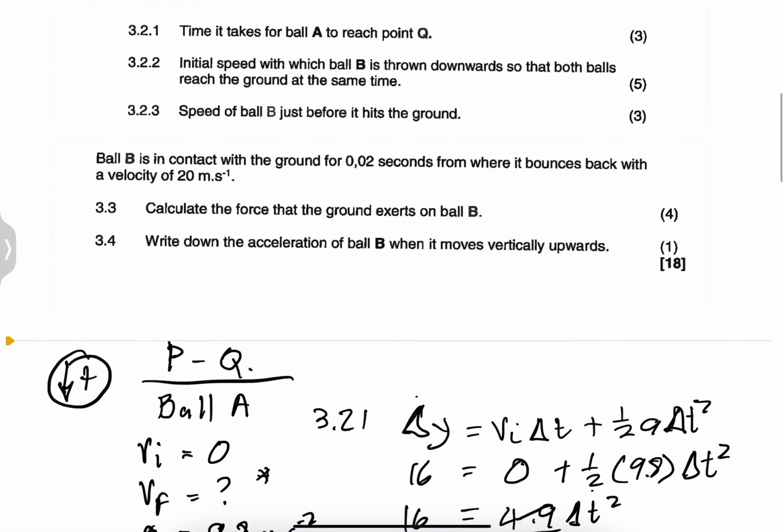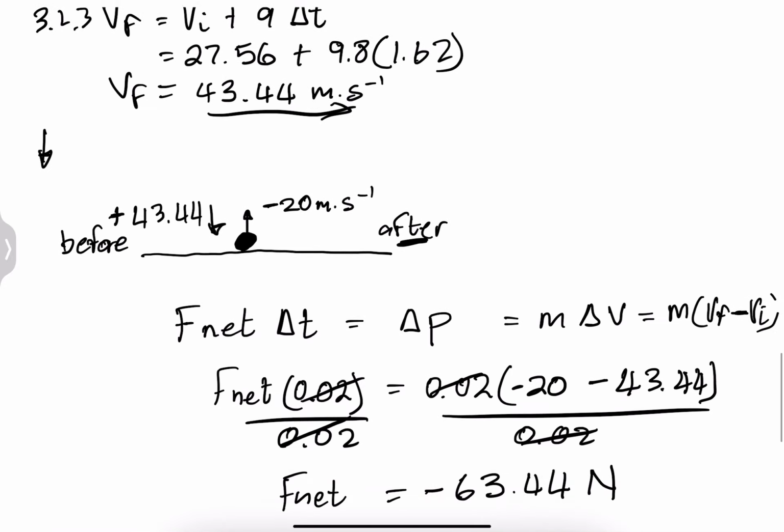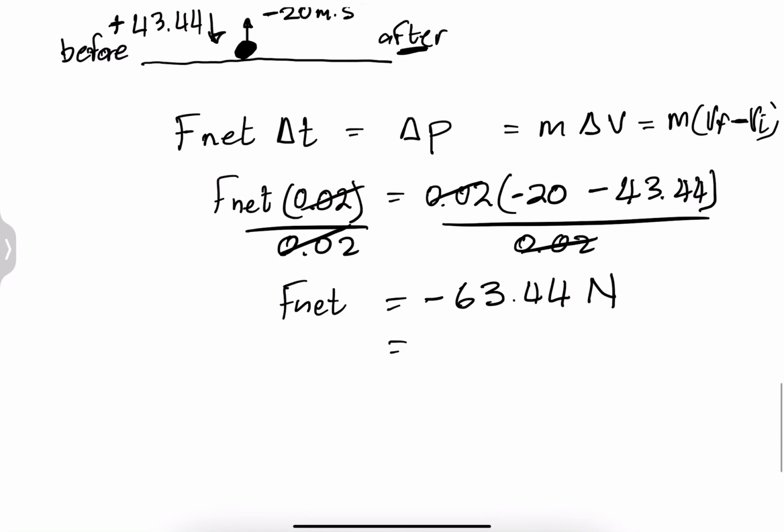They said calculate the force that the ground exerts on ball B, so the ground exerts 63.44 newtons, and it is a force upwards.